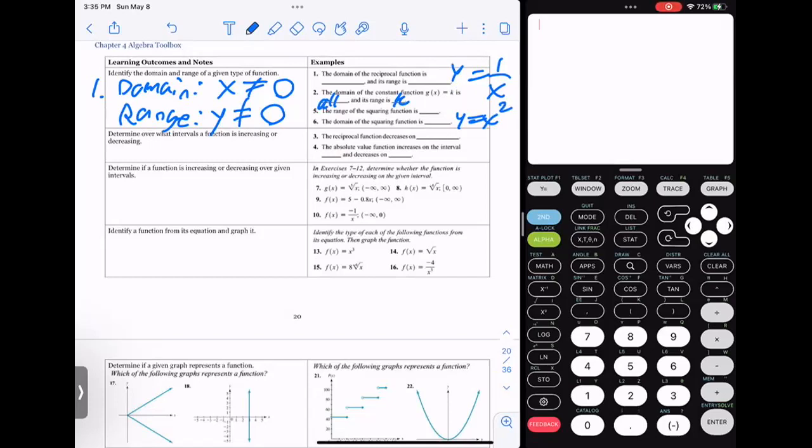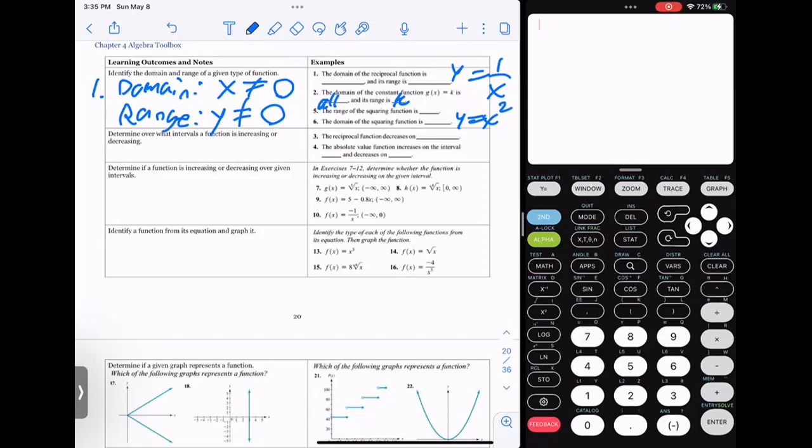Imaginary? No, this is in terms of real numbers. 0 makes sense here. Are there any x values you can't use? You can use all real numbers.